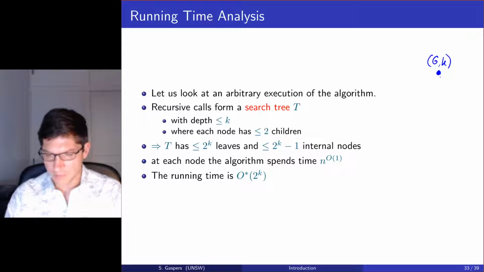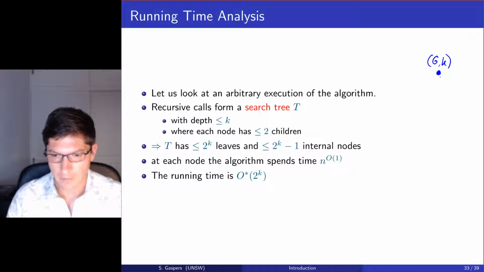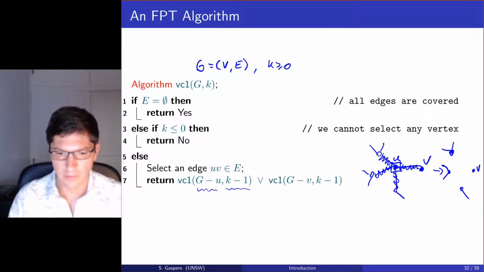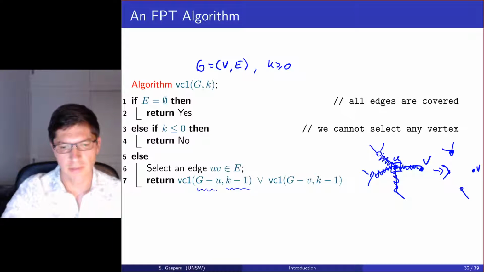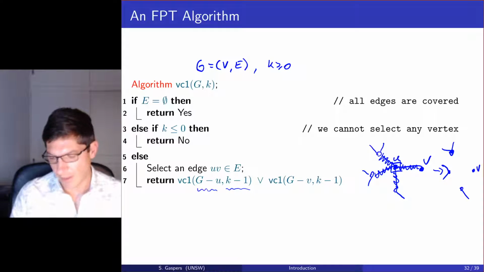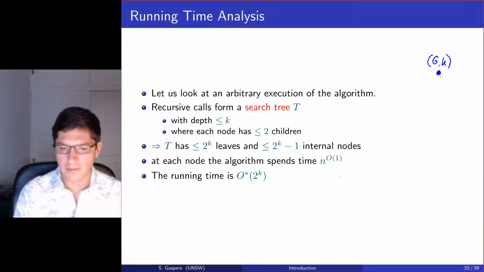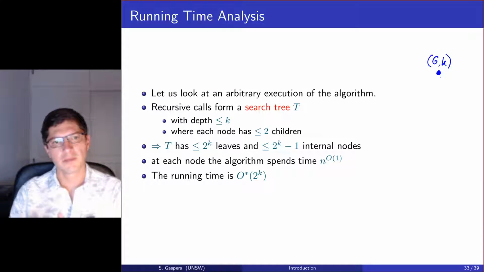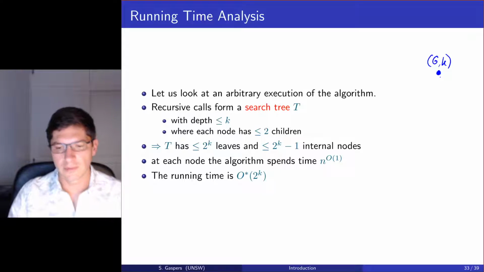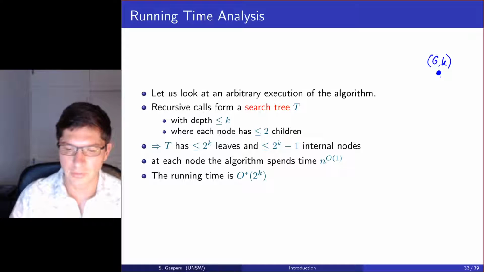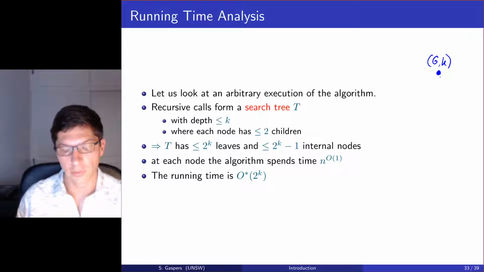It does some simple checks: our algorithm just checks whether the edge set is empty and whether k is at most 0, and then it determines an answer right away, or it selects an edge uv, and all of this can be done in polynomial time. The only thing that takes exponential time is the size of this search tree. The number of recursive calls determines the running time of the algorithm.